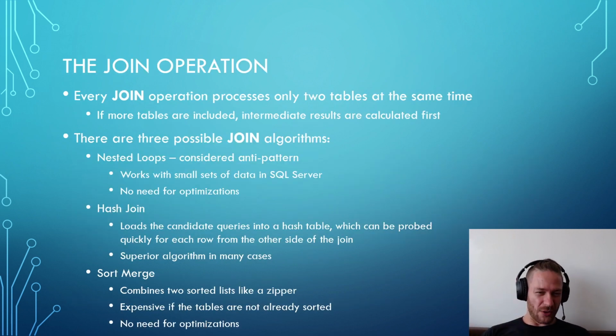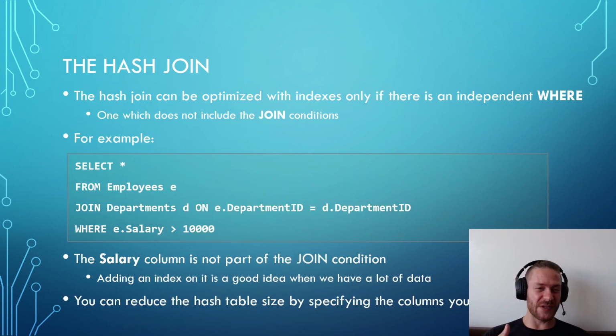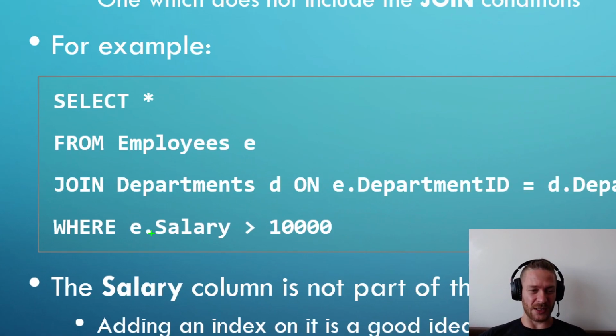It uses 3 algorithms. Most of them don't need any optimization, and actually the optimization you can do is not from the join operation itself, but from additional filtering, like this.